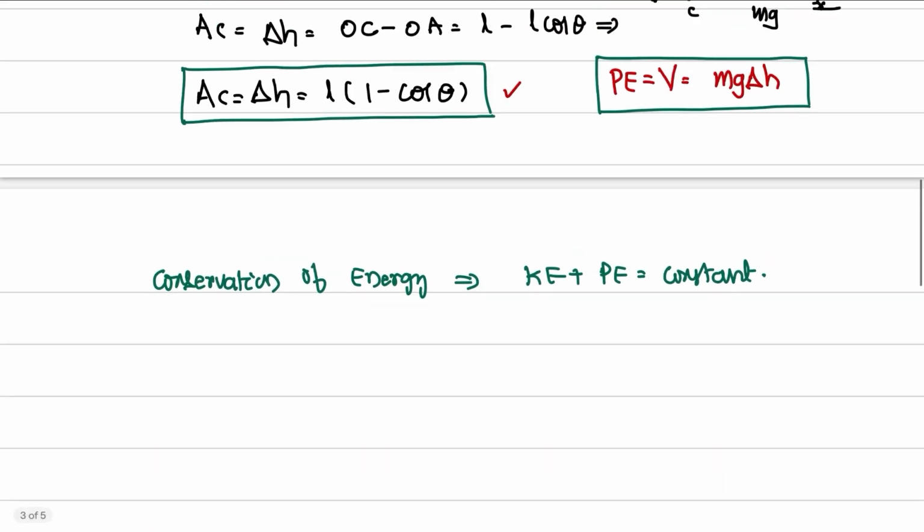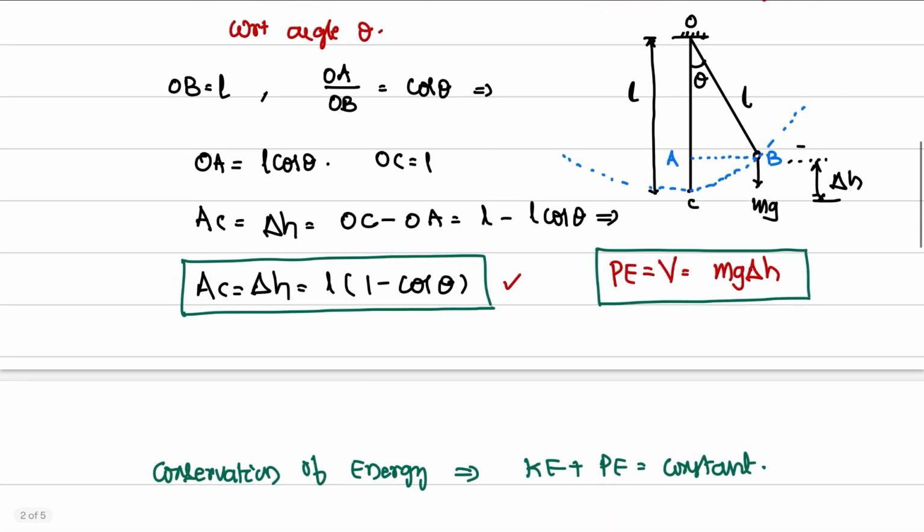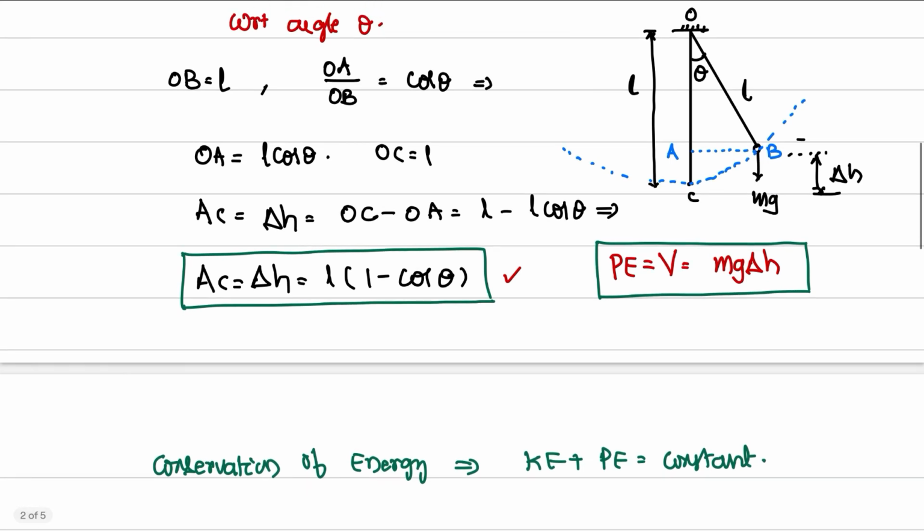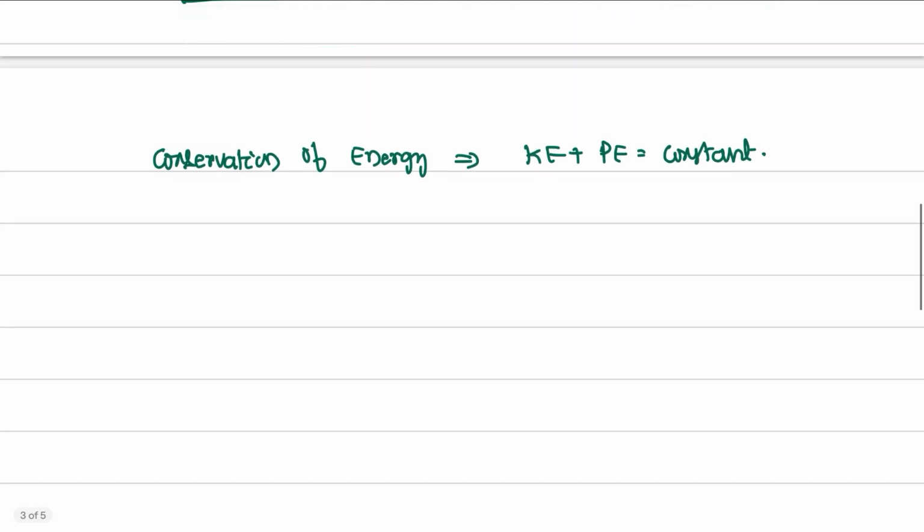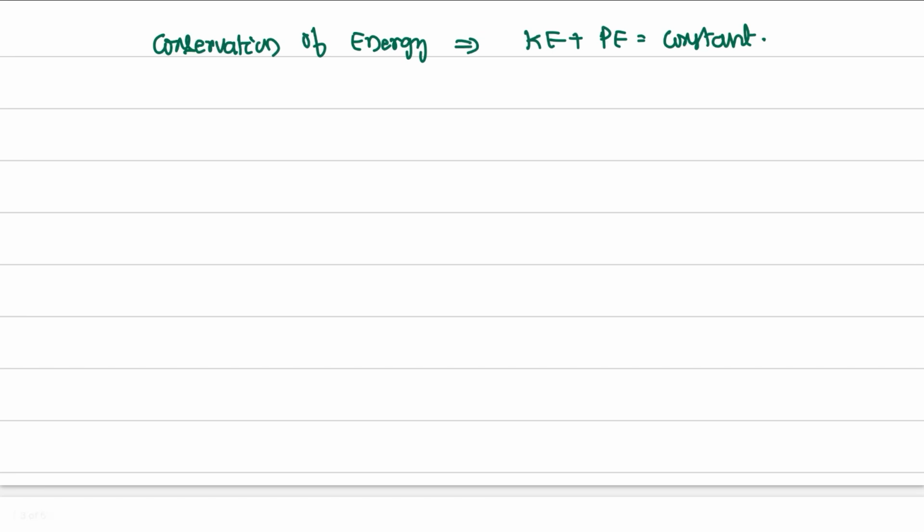Now you tell me, at position B, potential energy is the highest. Let us make the observations first. 1. At B, potential energy is maximum, which implies kinetic energy is minimum.